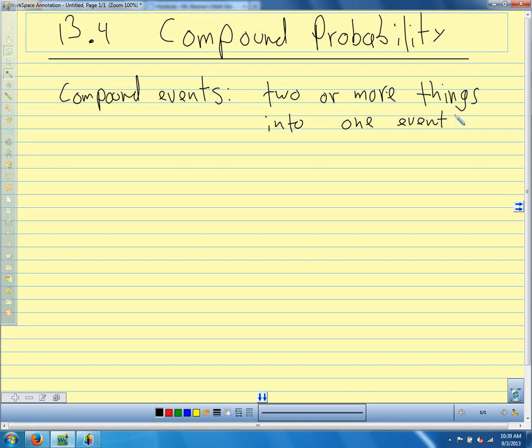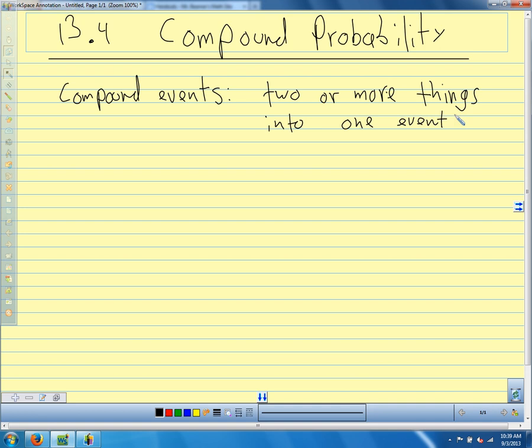Like our opener, let's say we wanted to find the probability of rolling a 6 on a die and drawing a queen out of a deck of cards. That would be our compound event, rolling a 6 and drawing a queen. So anytime we're combining a couple of things, we're talking about a compound event.